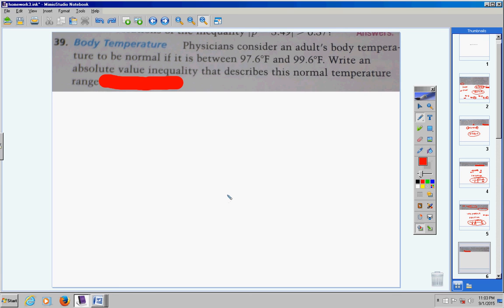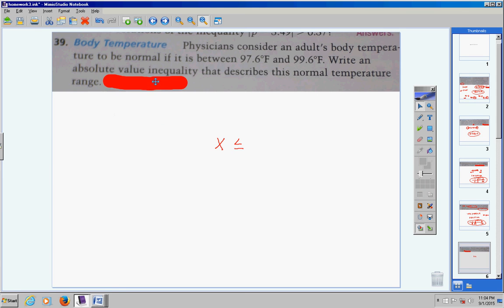Physicians consider an adult's body temperature to be normal if it's between these two numbers here. Write an absolute value inequality that describes this. Okay, I've taught you what to do. We're going to say x has to be less than. It says between these two numbers, so I'm not going to put equals. Now let's see if they do in their answer here. They do.